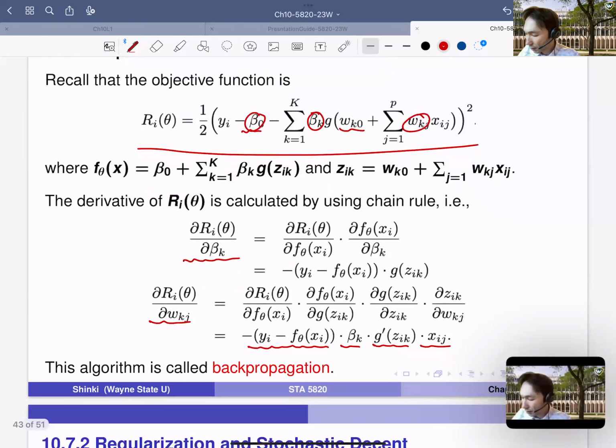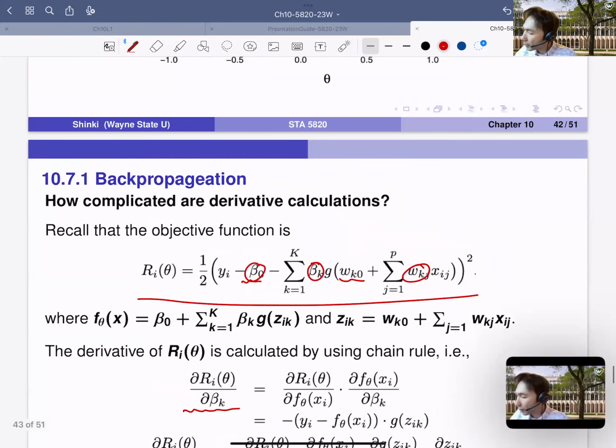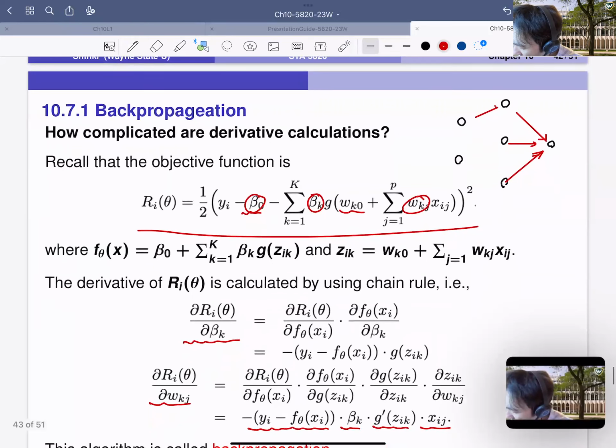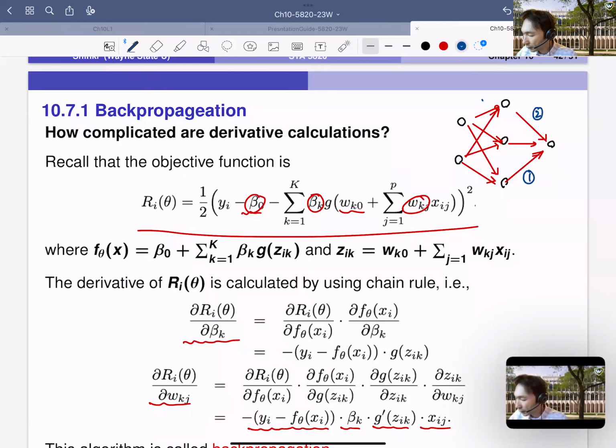So this is called back propagation because when we have, for example, 2 predictors and 3 nodes and 1 output, usually the parameter updating goes backward. So if we have these parameters, the calculation is done for these parameters first, then after that we get these parameters.